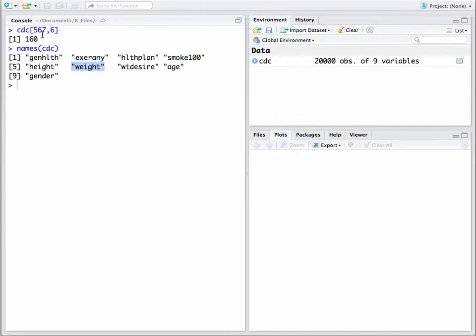So that's the 567th case or participant in the study, and that's their weight. It was 160 pounds. So I was able to go into the data frame and yank out just a single data point by giving it its row and its column. If you think about it in terms of a spreadsheet, I gave it the row number and the column number, and that was how I was able to figure out exactly what that data entry was.